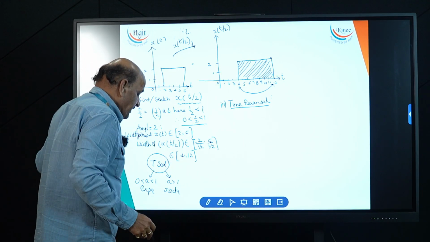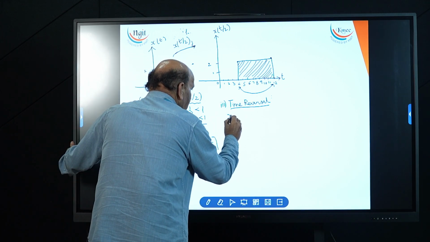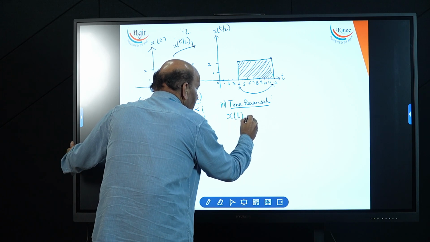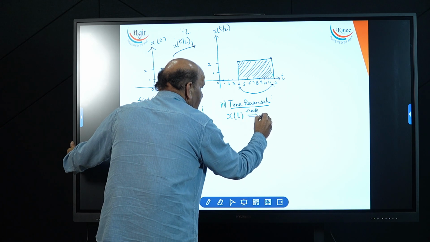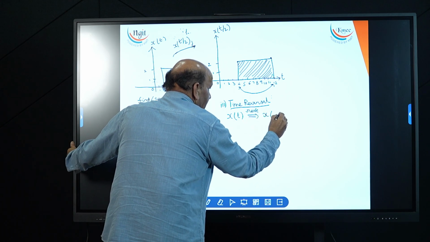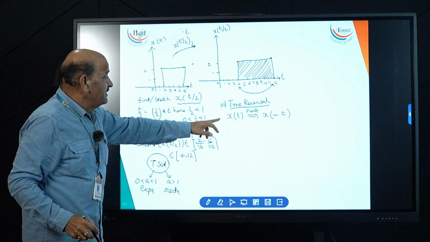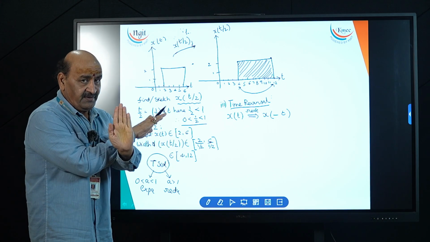Now, time reversal. What is time reversal? For example, x of t is a signal. Its time reversal will be x of minus t. If x of t is a signal, then x of minus t is the time reversal, just reversing.